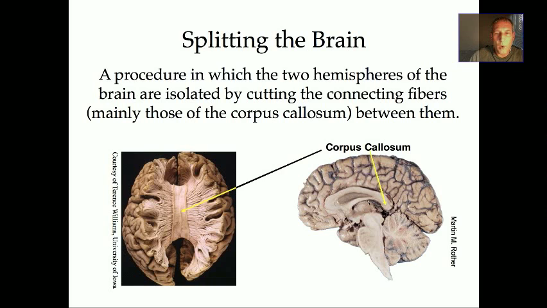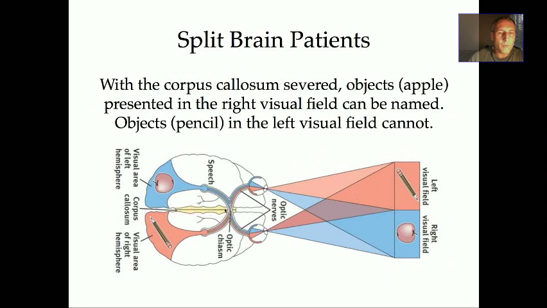The purpose of the corpus callosum is to take information from the left hemisphere and bring it over to the right, and vice versa. It's a way for the two sides of the brain to communicate with each other, and this happens so quickly that we don't really even notice it.